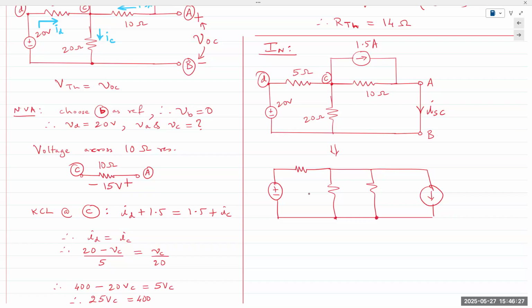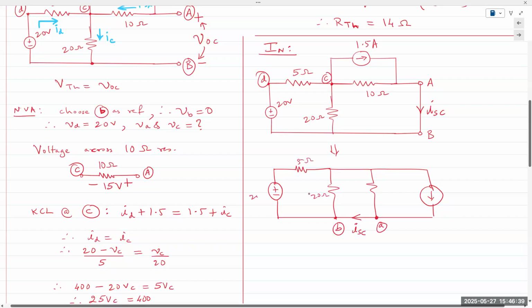Technically, all of the bottom node is the same, but this is A, this is B, ISC is flowing in this direction. This is 20 ohms, this is 5 ohms, 20 volts, 10, and 1.5. Let's take a pause while you think over that, redrawing, and let me know if something doesn't make sense.